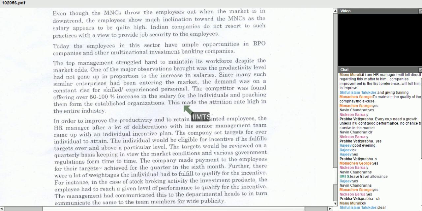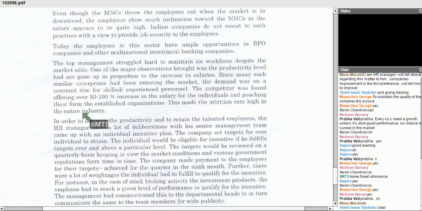Now their competitors are also luring these skilled employees and are ready to offer 50 to 100% increment in the salary from what they are currently getting. This made the attrition rate high in the entire industry. Clear everyone?